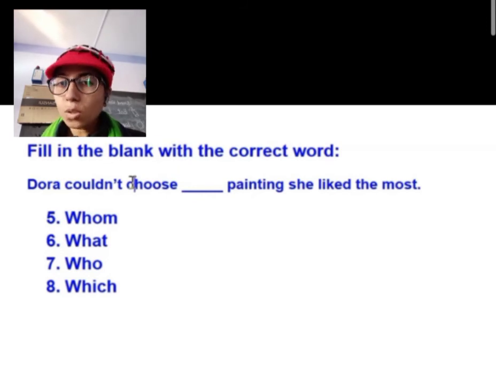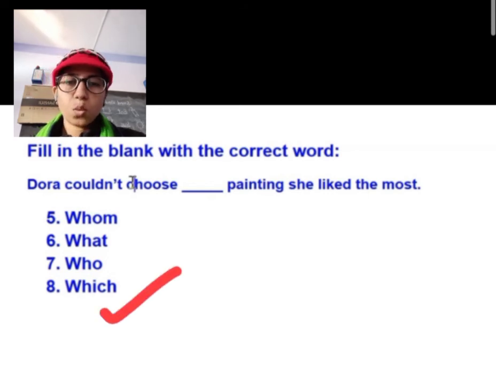Who is used where we are talking about specific people, and which is used for the choices. So here we have to choose. Dora couldn't choose. So the right answer is which. Which painting she liked the most.